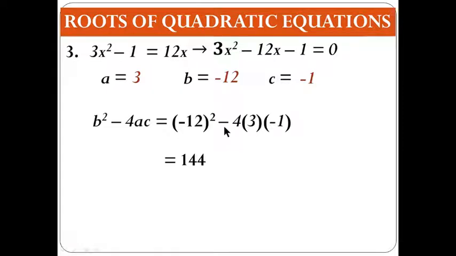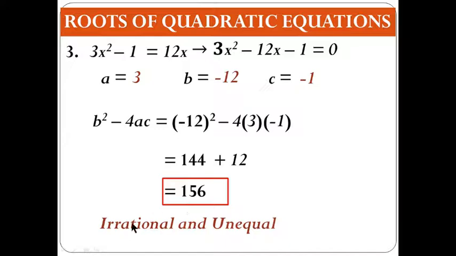So, negative 4 times 3 is negative 12, times negative 1 is positive 12. And get the sum is 156. So, the discriminant is not a perfect square. So, yung discriminant niya is greater than 0, but not a perfect square. Therefore, the nature of roots is irrational and unequal.